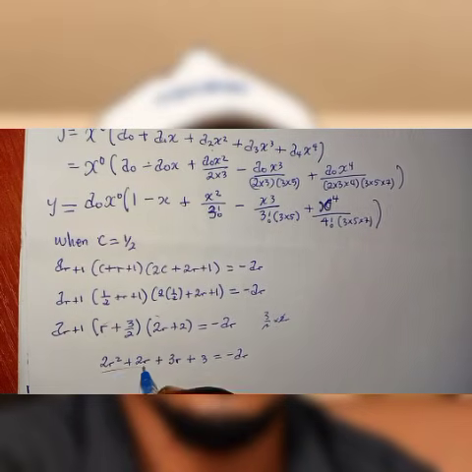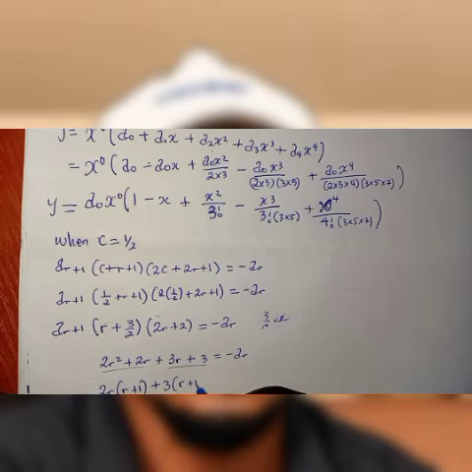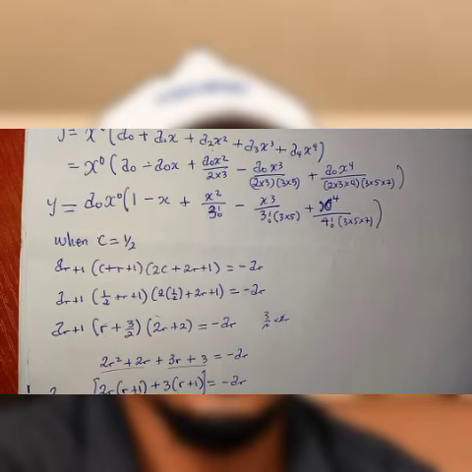Now we can see that here we have something in common. 2r is common, r plus 1 left out, plus 3 is common, so you have r plus 1 equals minus ar.